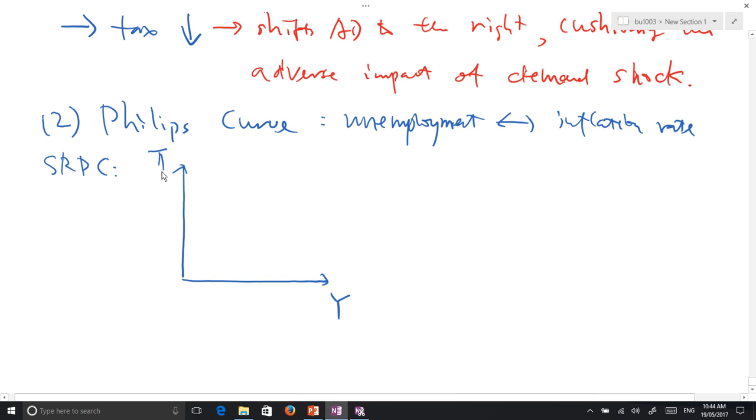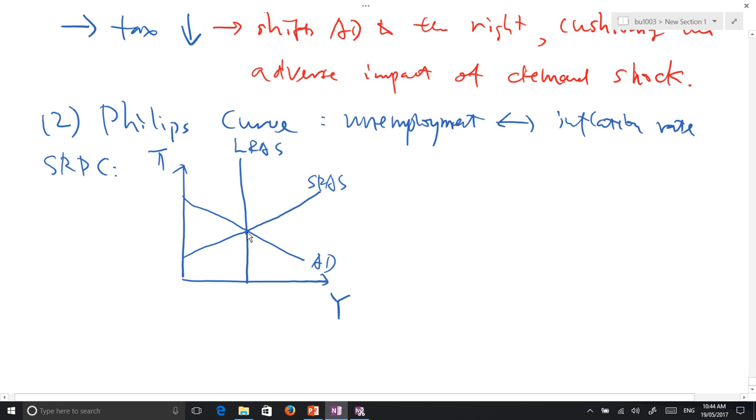Inflation is just the percentage change of the price. They are related. And we have the long-run aggregate supply curve, aggregate demand curve, and short-run aggregate supply curve.